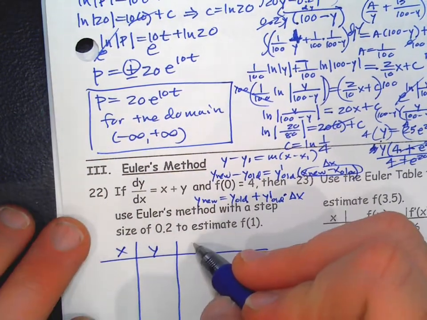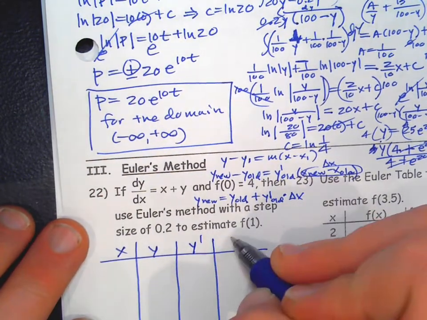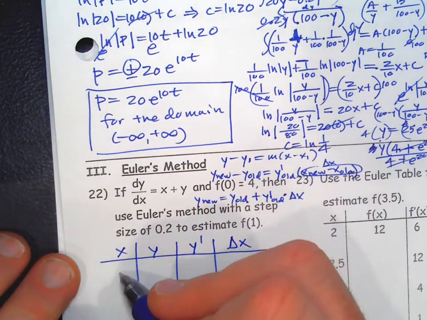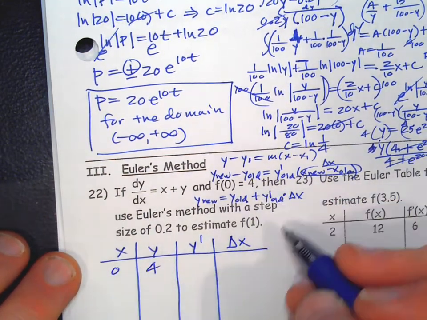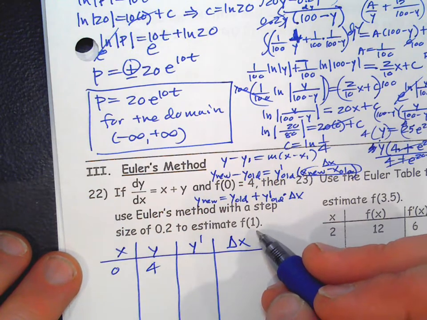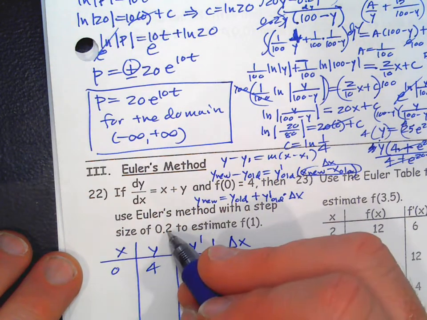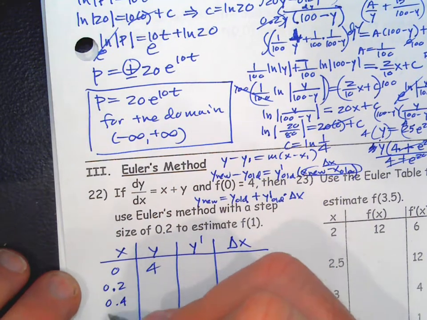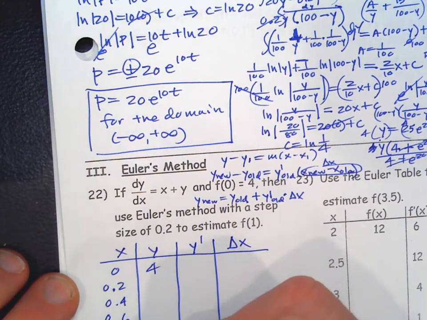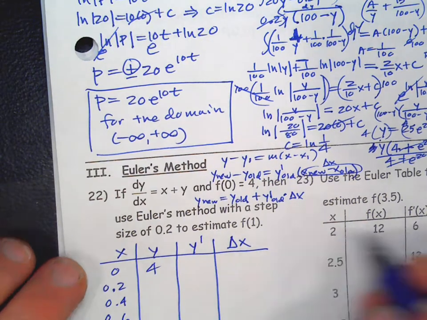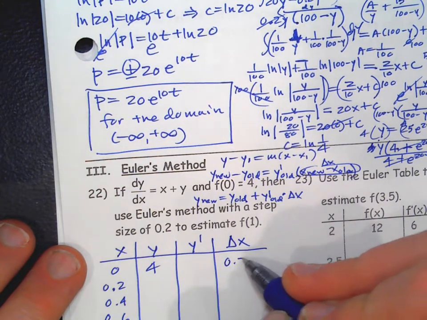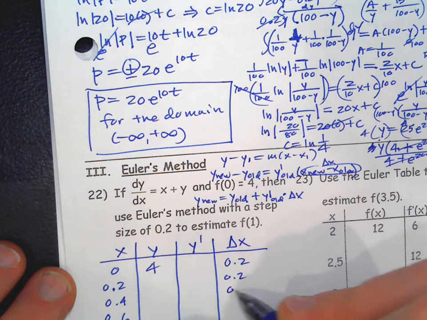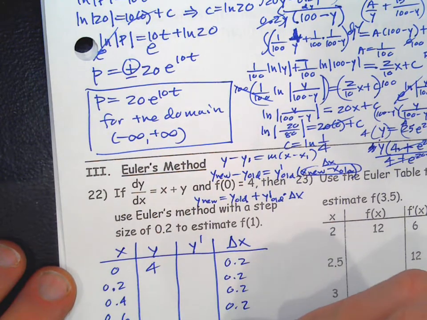x, y, y prime, delta x. We're starting at 0, 4. We want to get to f of 1 with step sizes of 0.2. This is going to be kind of annoying. 0.2, 0.4, 0.6, 0.8, and 1. Delta x is 0.2, 0.2, 0.2, 0.2, 0.2.